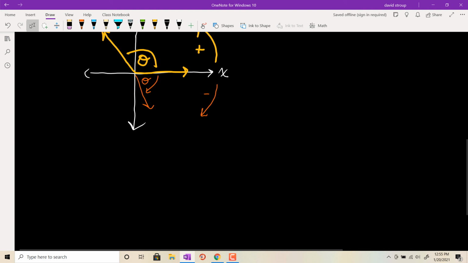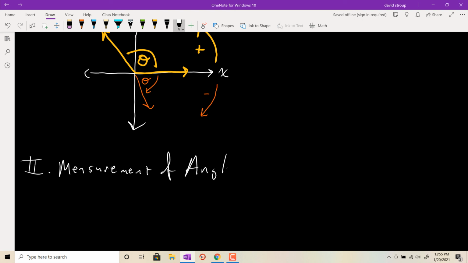Let's talk now about measuring angles, and we're going to first introduce degree measurement. Section 2, measurement of angles, and we begin part A with degrees.